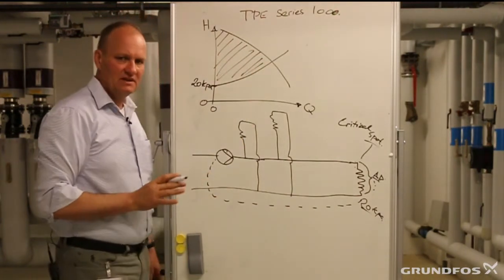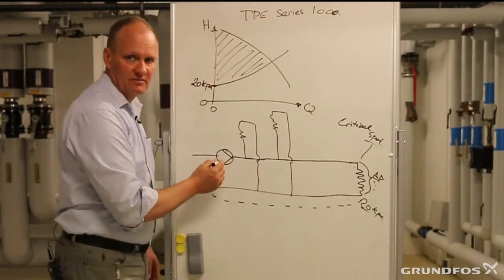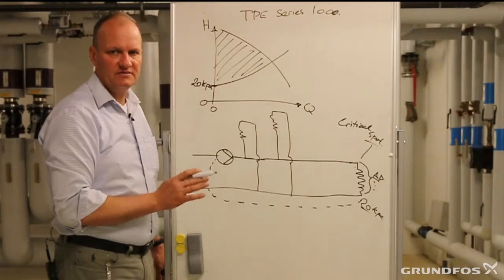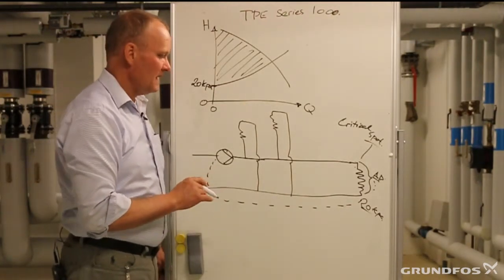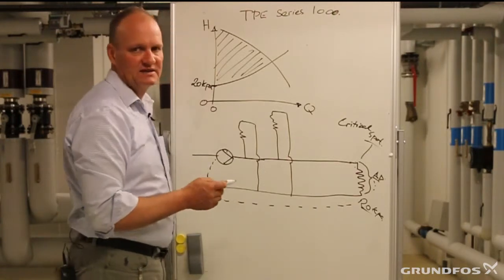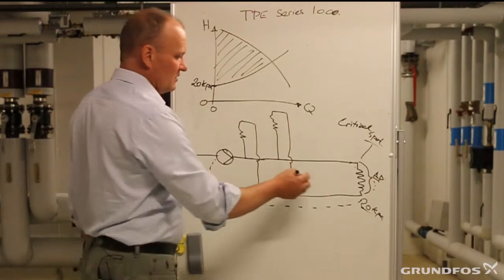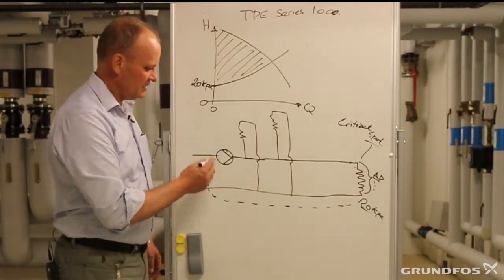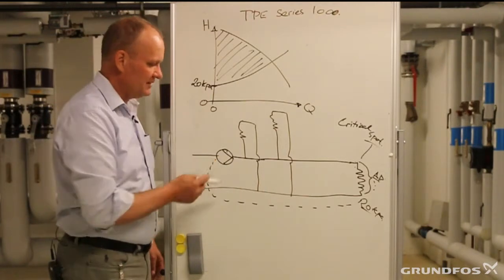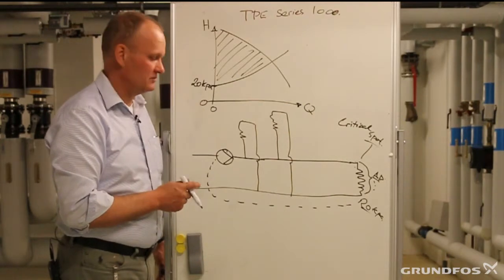But the challenge about this system, of course, is that you need to have the signal back to the pump, and you need to do a little bit of setup, but it's really not that difficult to do. And sometimes you have a SCADA system or some kind of surveillance systems which will enable you to get this signal after all, and then it can be quite easy to supply the signal to our TPE Series 2000 product.